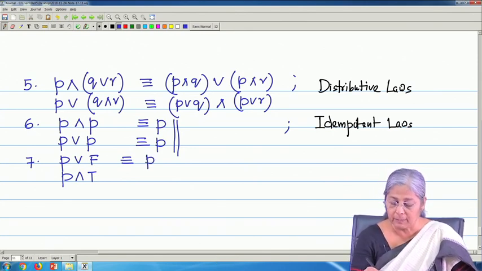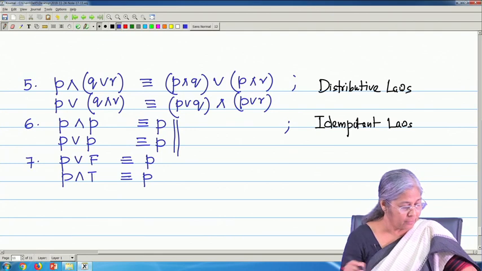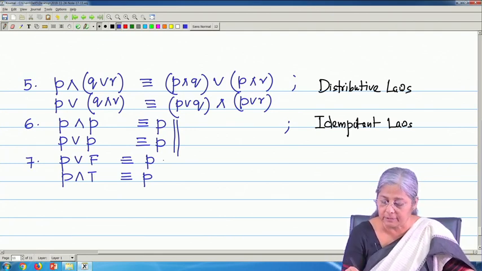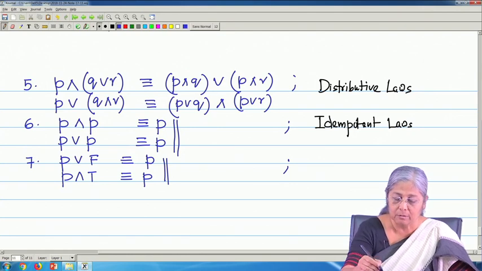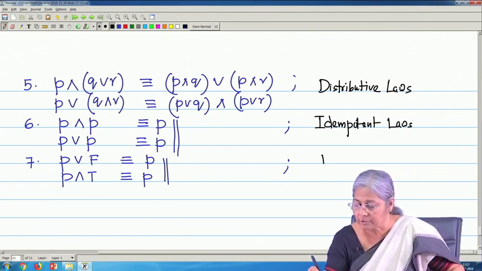So, it is P only. Similarly, P and T is again P. These two are our rule of identity.